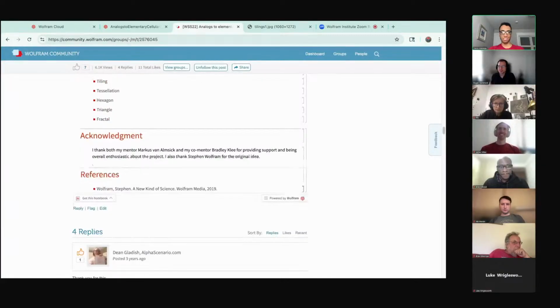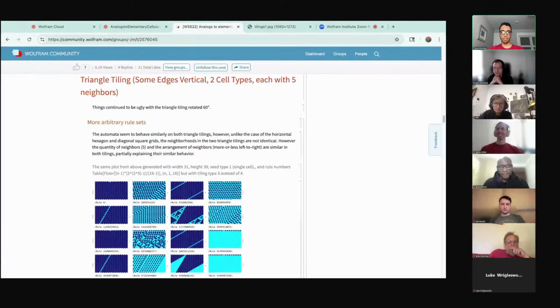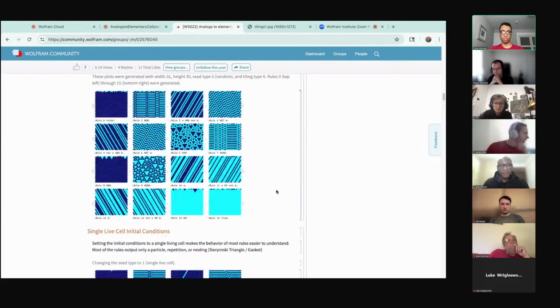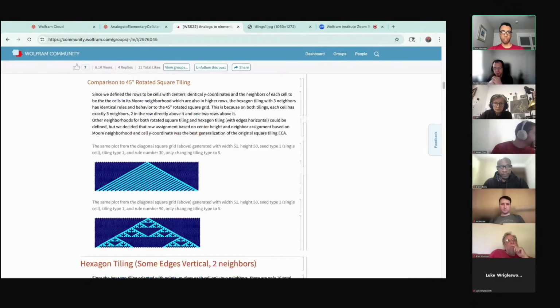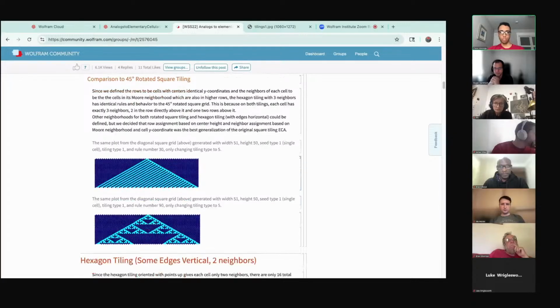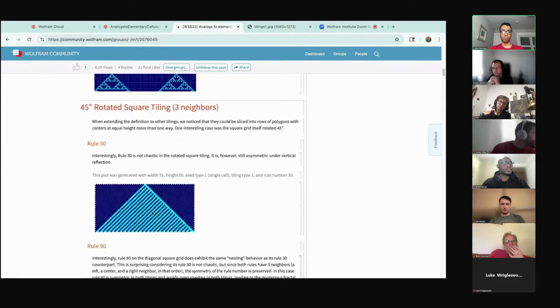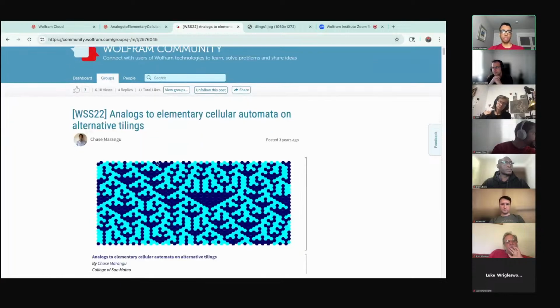Yeah, that was basically it. My favorite though was definitely rule 9D on the hexagon grid, which generated this sort of Sierpinski triangle. It's also what I used with random initial conditions. It was the hero image, and you can see there's a lot of complexity, sort of similar to rule 30 on the square grid.